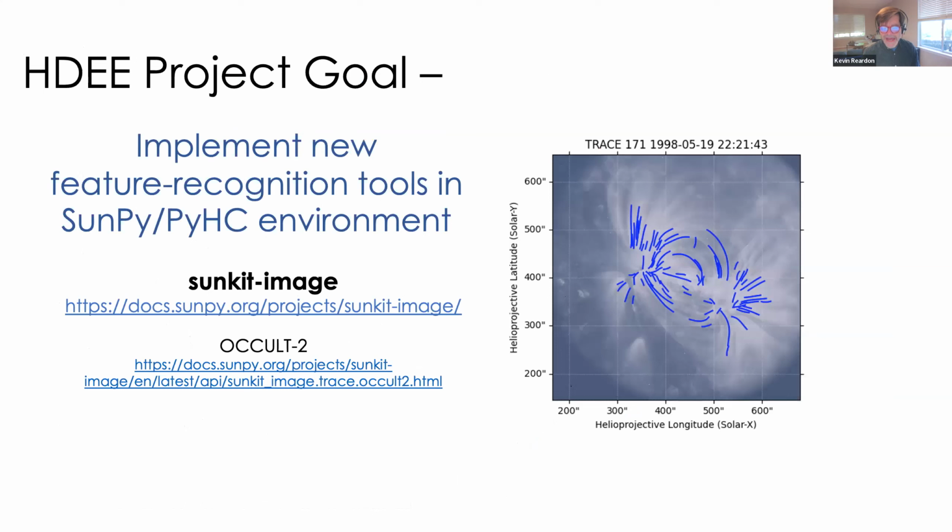So getting back to the specifics of the project. Our goal is to implement some of these new feature recognition tools in the PyHC environment. Implementation is part implementation of the actual method and part taking some existing tools, testing them and making them more applicable to the solar case, as we'll see.